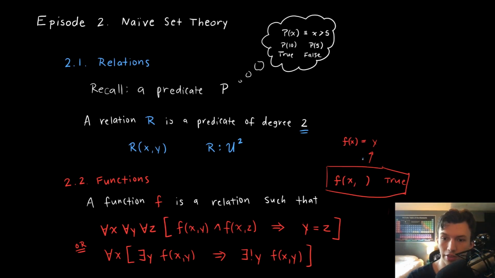So then we get things like f of x equals y. And that's solely because we have a unique output. If we had just a relation with many outputs, then we'd write something like r of x. Well, there might be multiple y's and z's that satisfy r of x comma y.